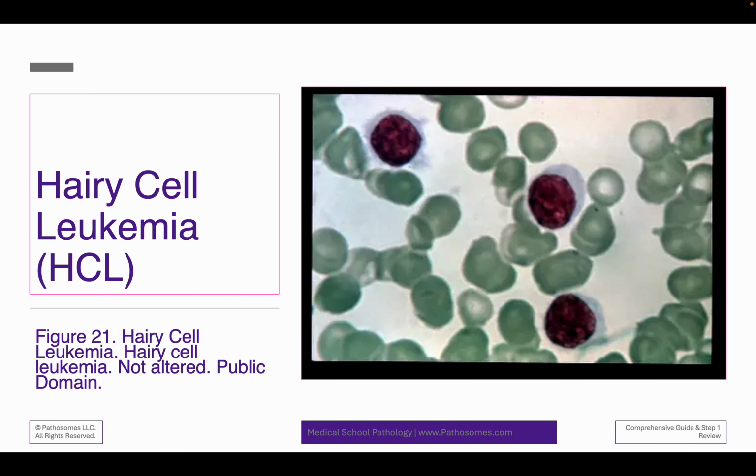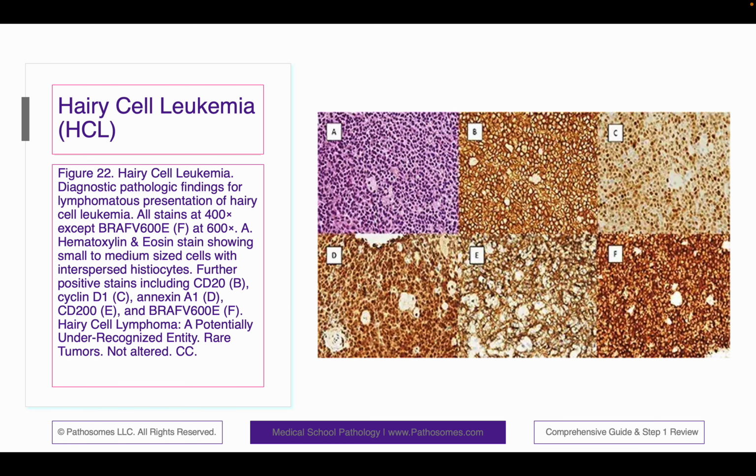Now, here's another image showing hairy cell leukemia. Can you recognize the cytoplasmic projections? With regards to hairy cell leukemia, there are a number of stains that can be performed by the pathologist or hematopathologist to visualize and rule out other lymphomatous conditions, so that the accurate diagnosis of hairy cell leukemia can be made.